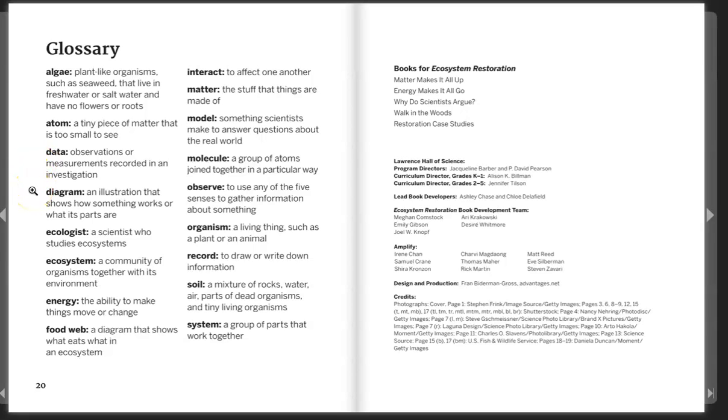An illustration that shows how something works or what its parts are. Ecologist, a scientist who studies ecosystems. Ecosystem, a community of organisms together with its environment. Energy, the ability to make things move or change. Food web, a diagram that shows what eats what in an ecosystem.